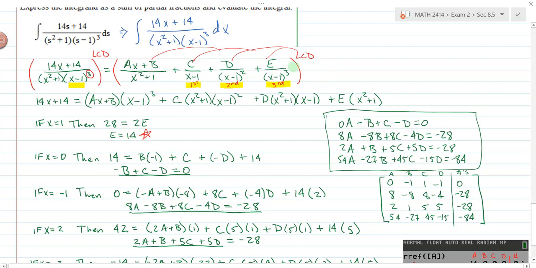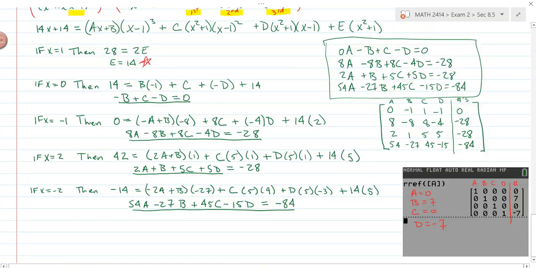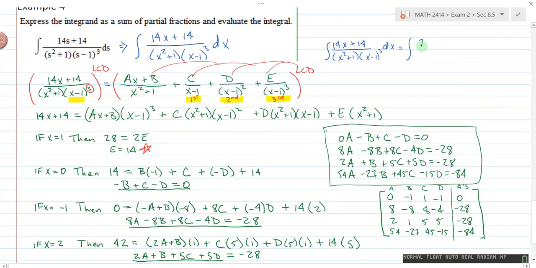So that means that my integral, 14x plus 14 over x squared plus 1 times x minus 1 cubed dx, can be written as, what did we say A was? A we said was 0, so that term is going to be a 0. And B was equal to 7, and B is over this factor x squared plus 1.